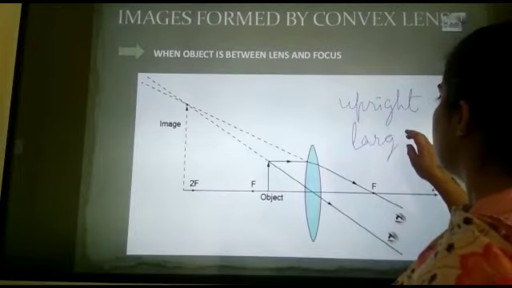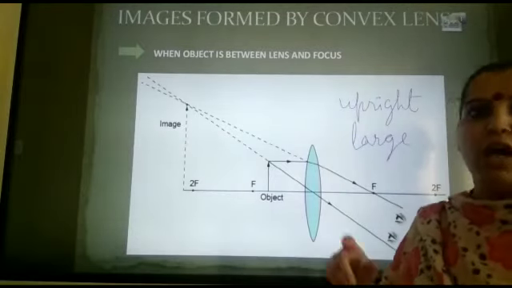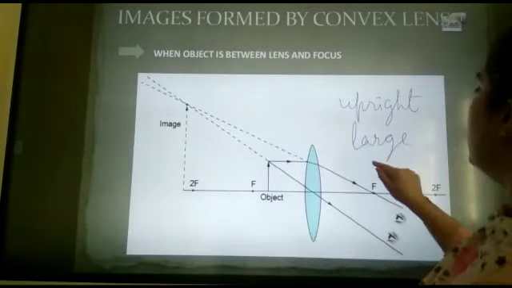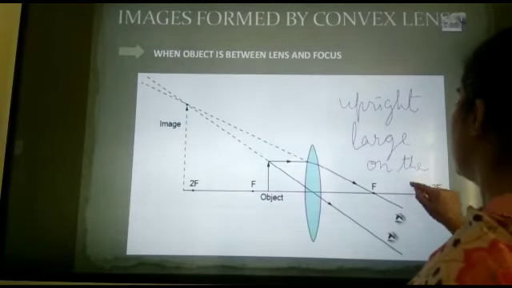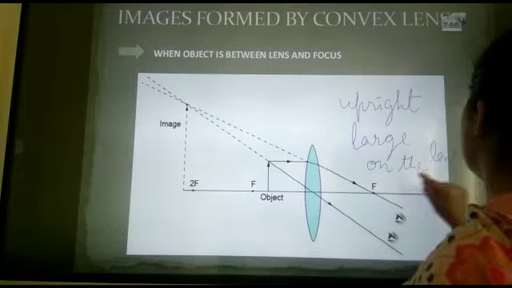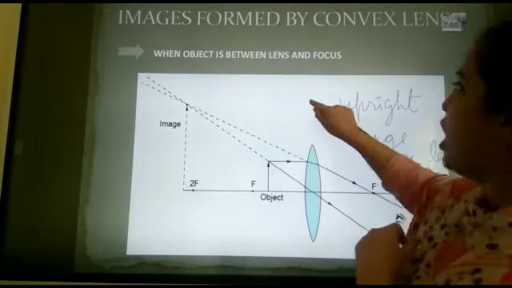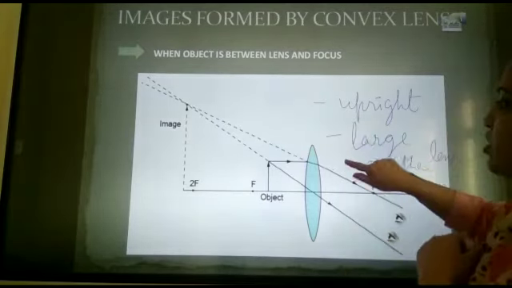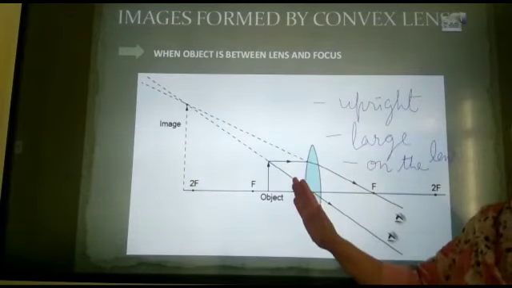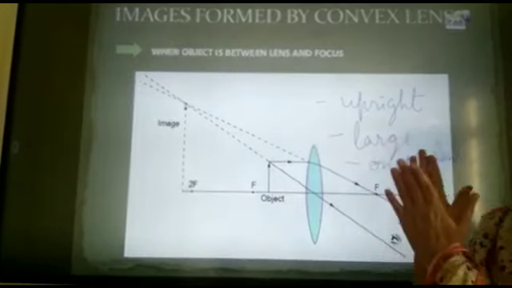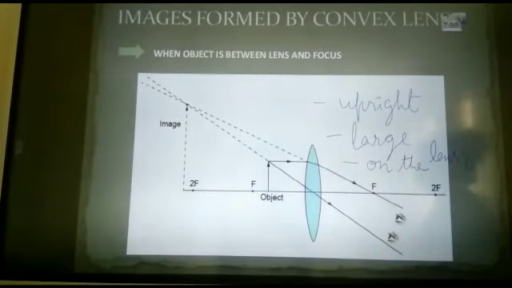So a large image is formed. This is another nature, and it is on the lens side, that is important. So these are the points that we talked about. One is upright, next is large, and next is on the lens side. It is formed in this position when the object is nearer to the lens.